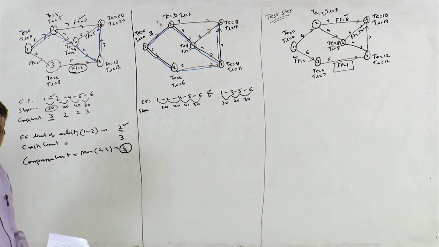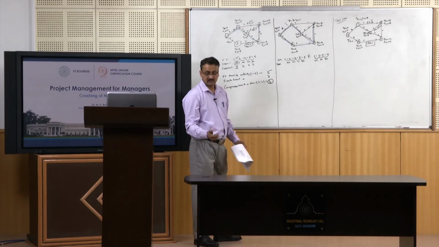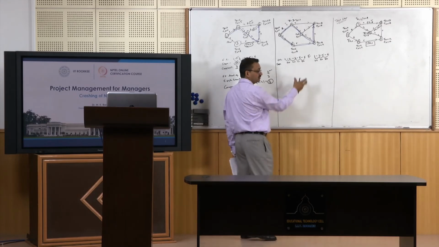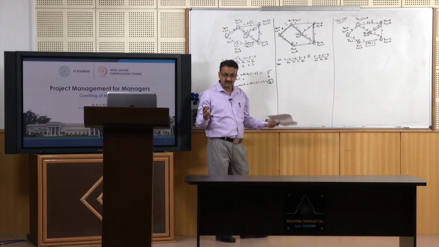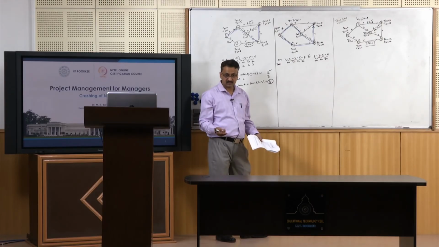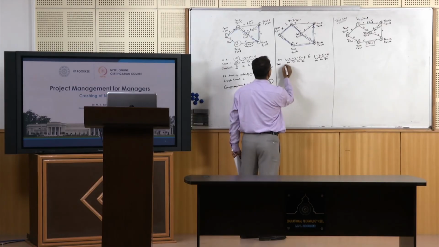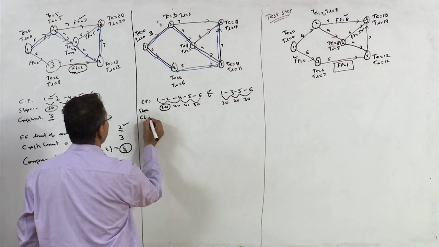Now since we want to reduce the duration of this project, you will have to reduce activities along both the critical paths simultaneously. So the minimum slope is this, and let me write the crash limit also.